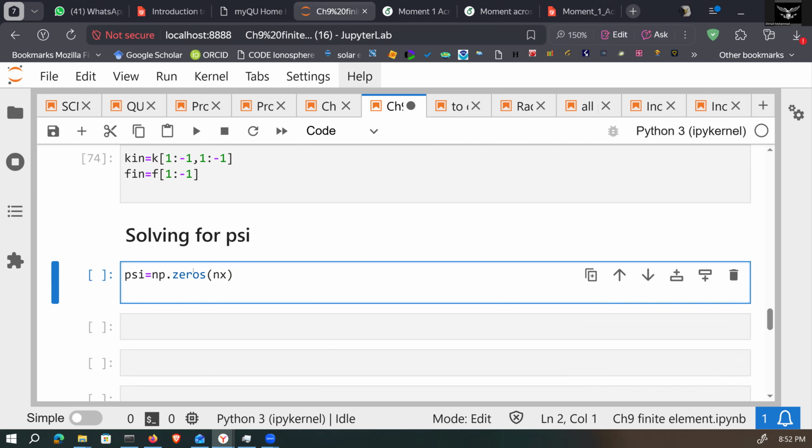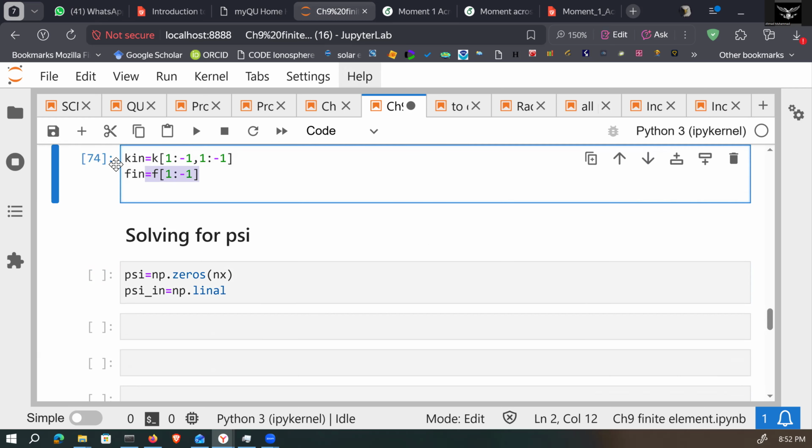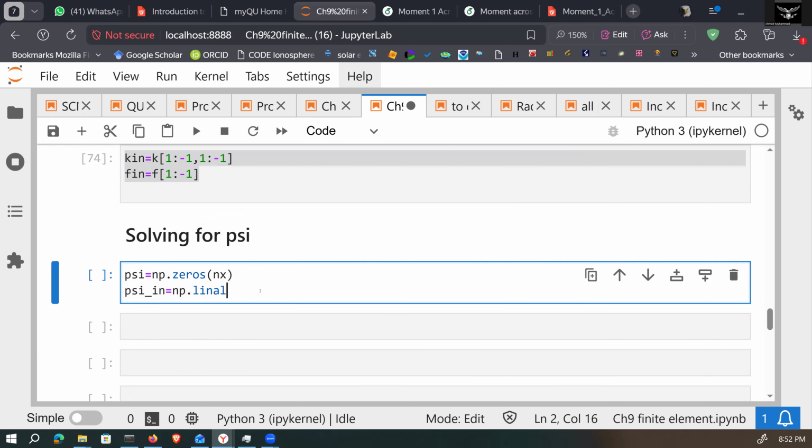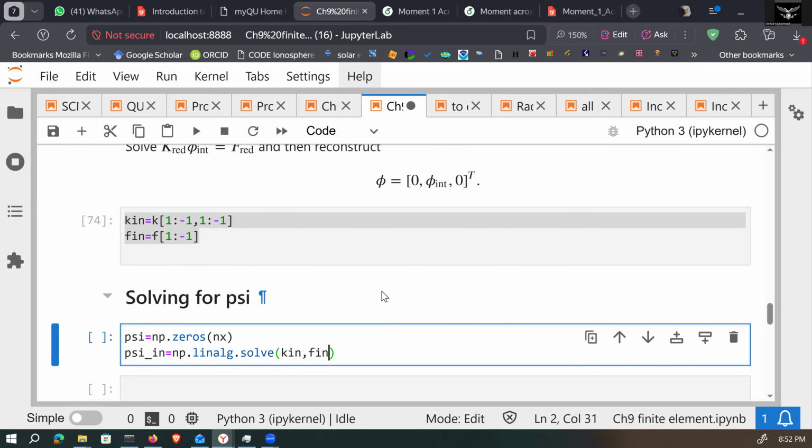So psi inner equals np dot linear algebra dot solve K inner, F inner.